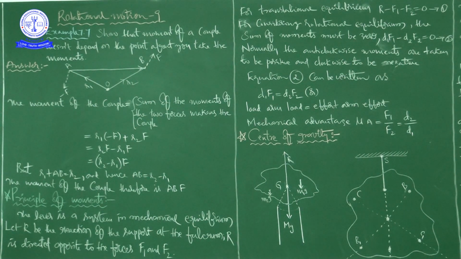The forces F and minus F act respectively at points B and A. These points have position vectors R1 and R2 with respect to origin O. So let us take the moments of the forces about the origin.